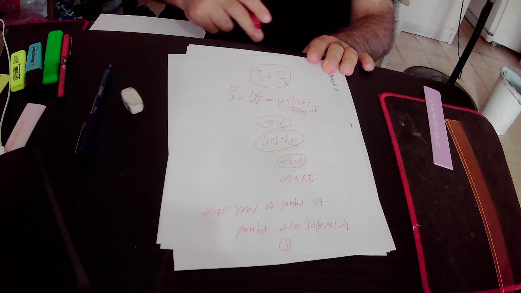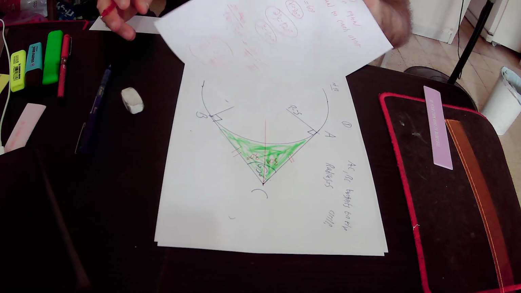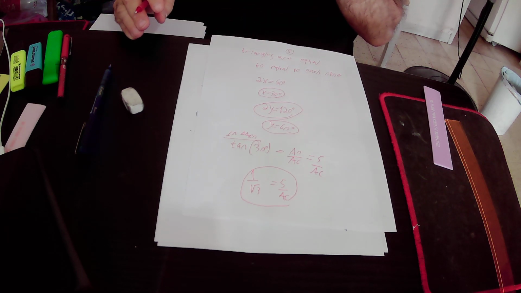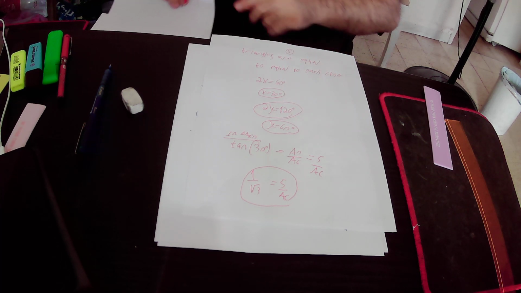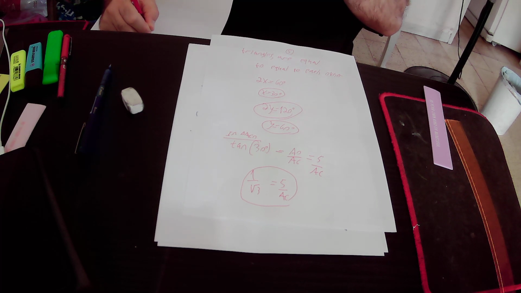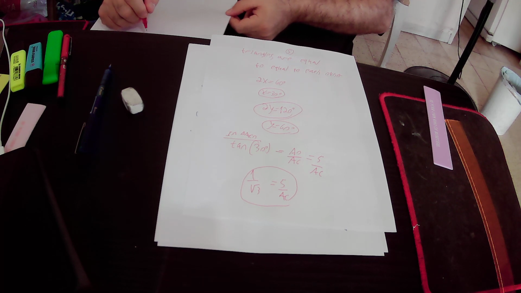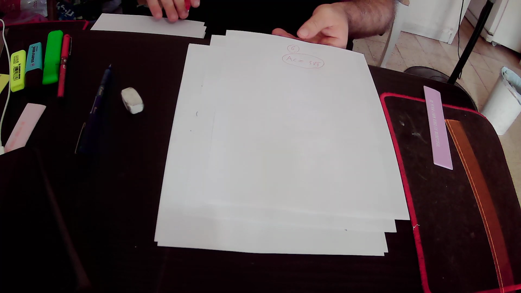Here we multiply this equality by AC, and then multiply it again by root 3, and we get that AC equals 5 times root 3.